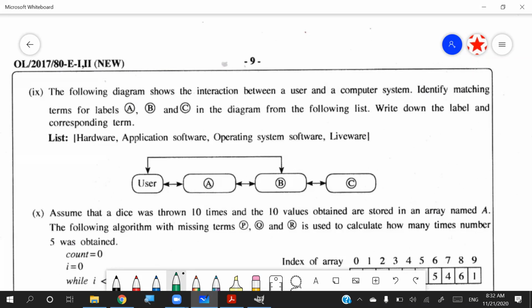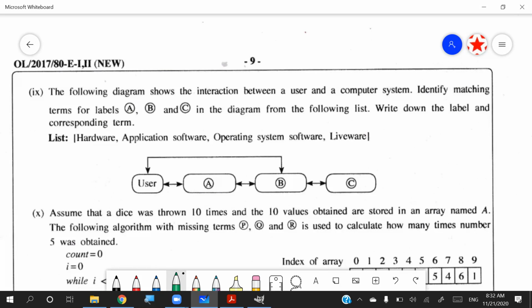A is going to be application software because it interacts with the user and the operating system. And C is going to be the hardware part because hardware is interacting with the operating system, not with the user. Hardware means the things inside the system. The other hardware, yes, interacts with us, but not directly.